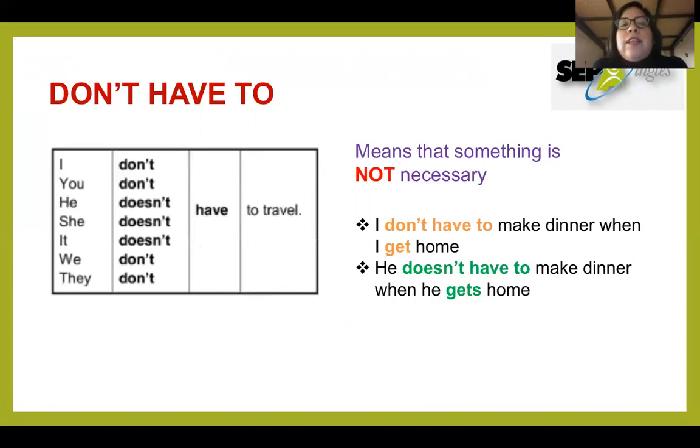Ya no podríamos decir he doesn't has to travel. No, ya el doesn't está expresando que estamos refiriéndonos a la tercera persona de singular. He doesn't have to travel, she doesn't have to travel.